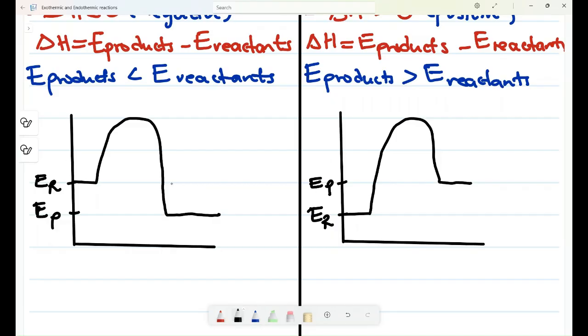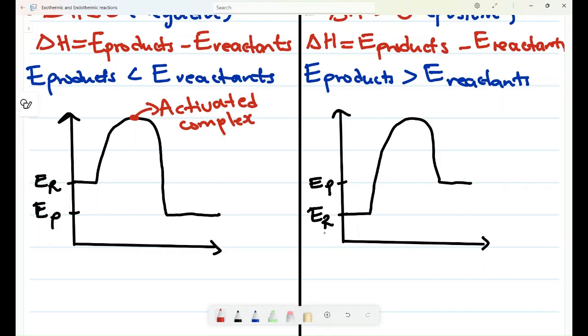Okay. Now I want you to see something. There is an important point, the highest point it reaches. It is a point that we call the activated complex. Okay. So we call this point the activated complex.